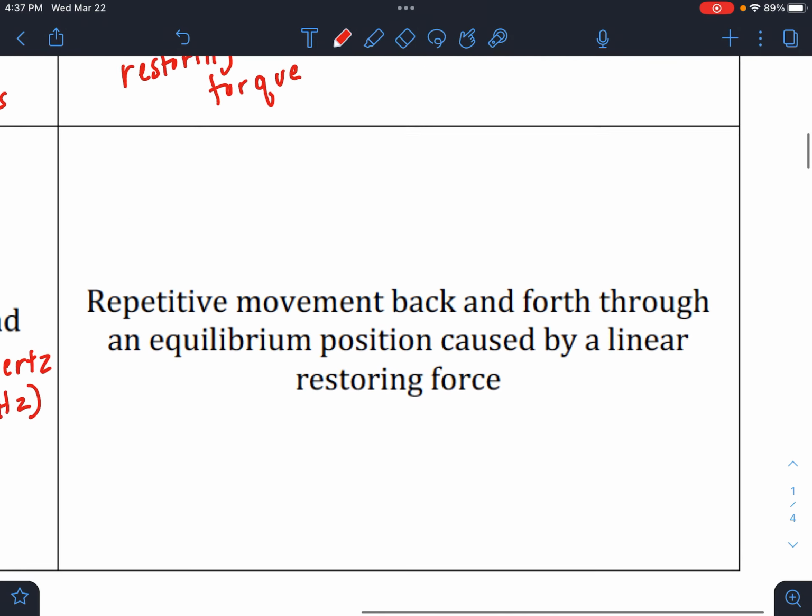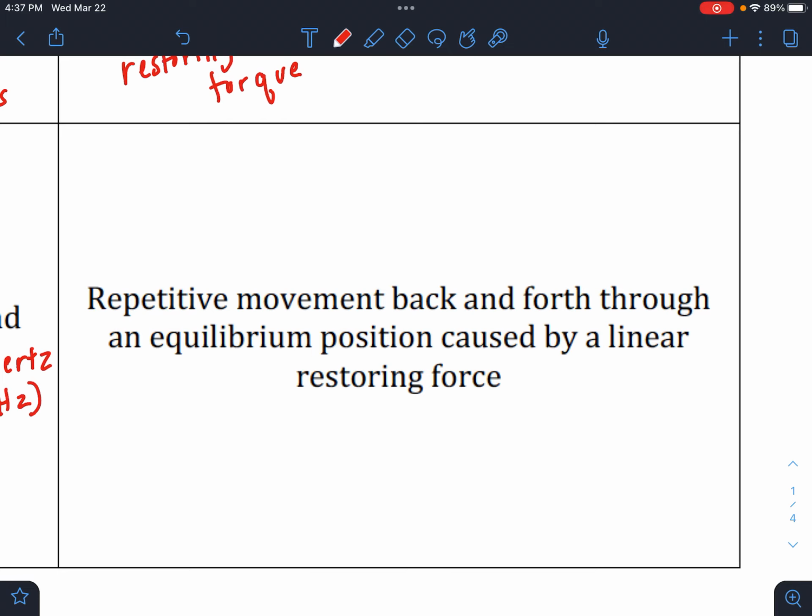Okay, the last one, and this is the title of our current unit: repetitive movement back and forth through an equilibrium position caused by a linear restoring force. That is called simple harmonic motion. And we could also replace linear force with torque in the case of a pendulum.